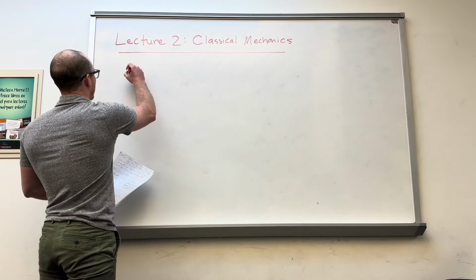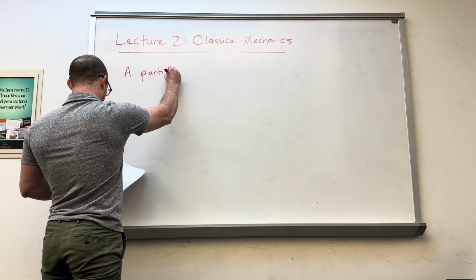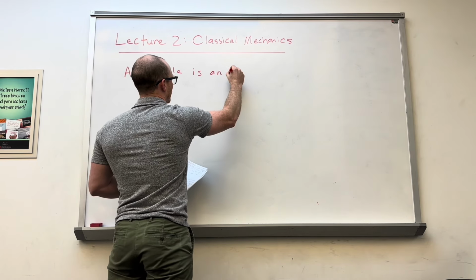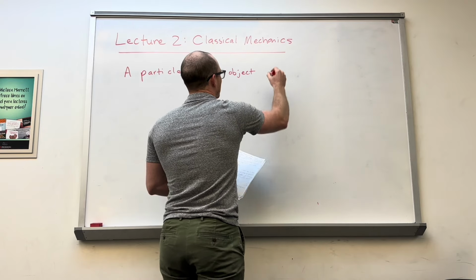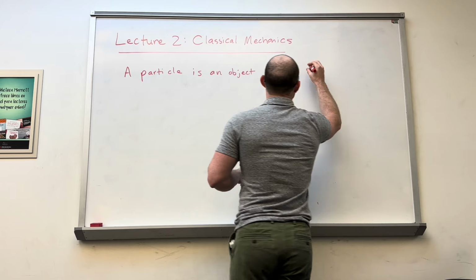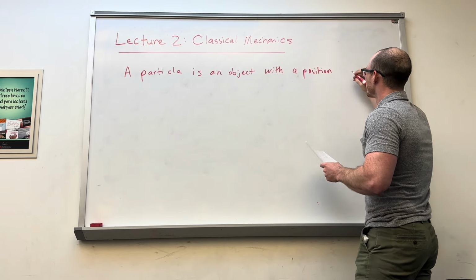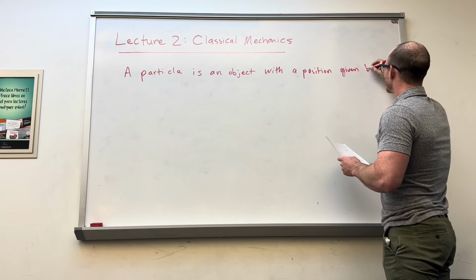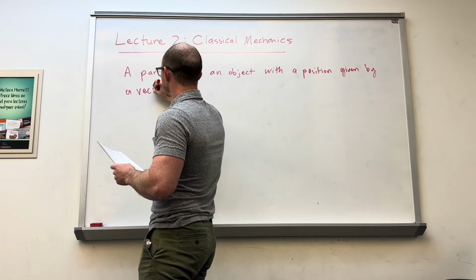First, we're going to say that a particle is an object with a position given by a vector in some predefined space.